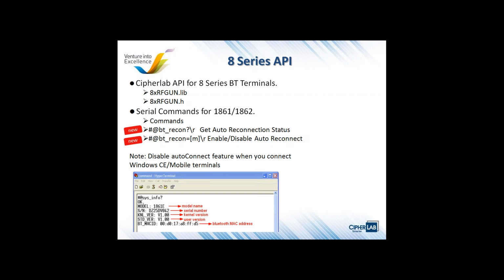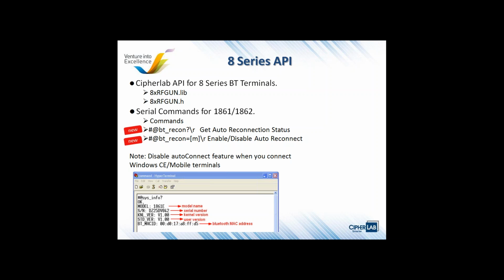And if a program developer would like to create a new program with the 1800 series on an A-series terminal, he can use the serial API to control the 1800 easily. And this information can be shared with our customer if they already use our A-series terminal.